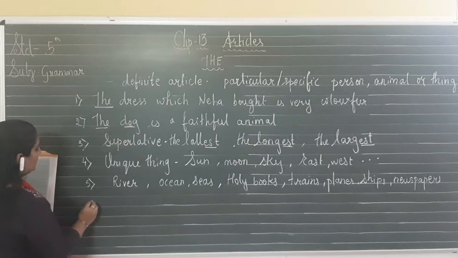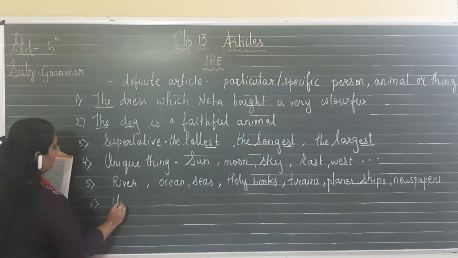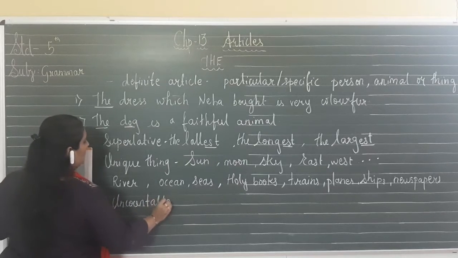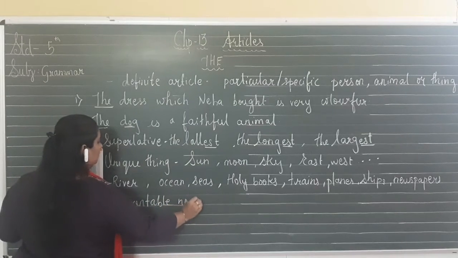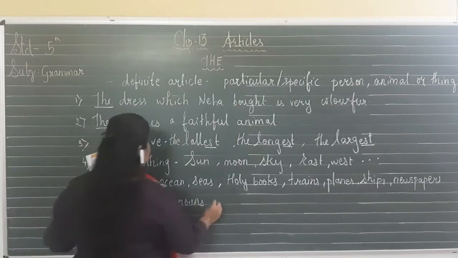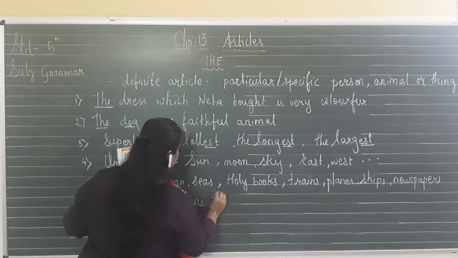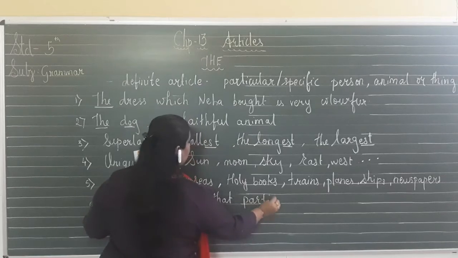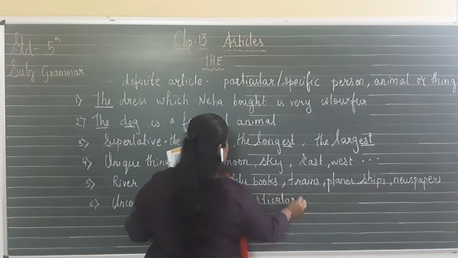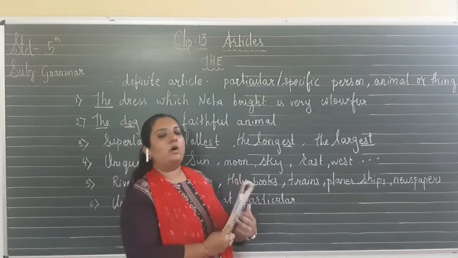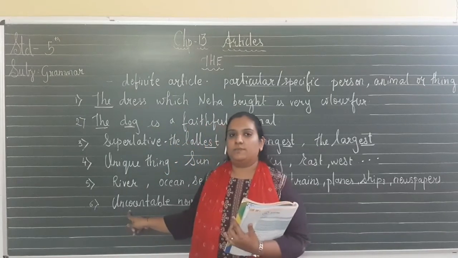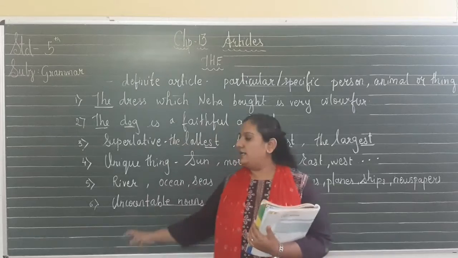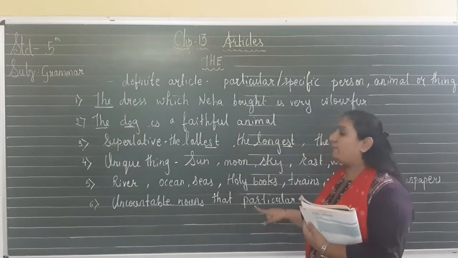The next rule is before uncountable nouns that have been made particular. Now I am not talking about all the uncountable nouns. There should not be article the before uncountable nouns, but uncountable nouns that have been made particular.